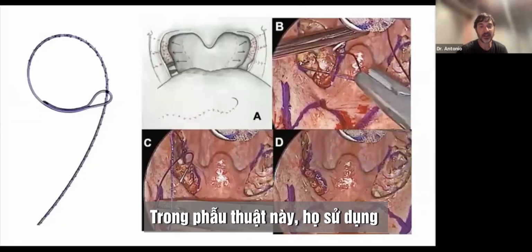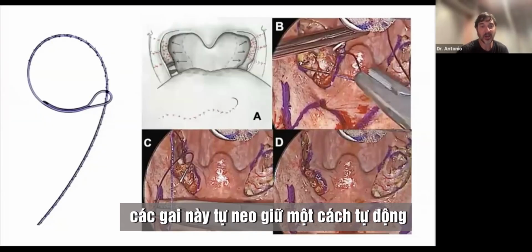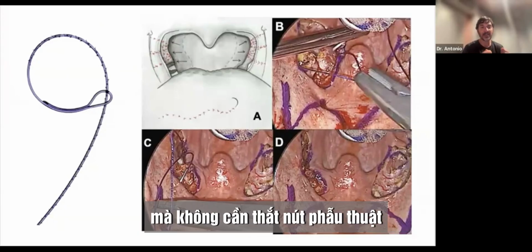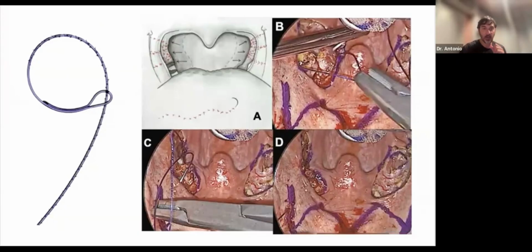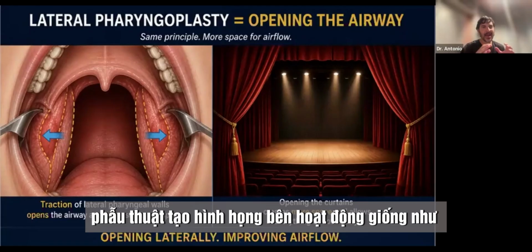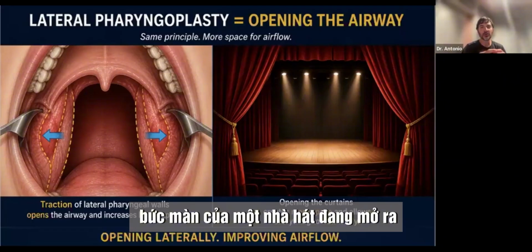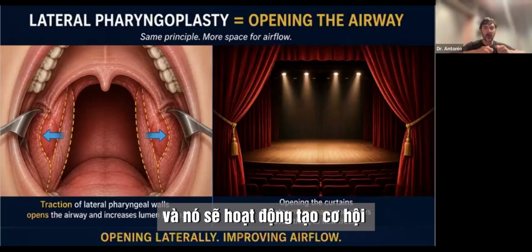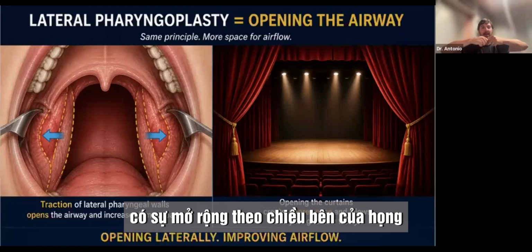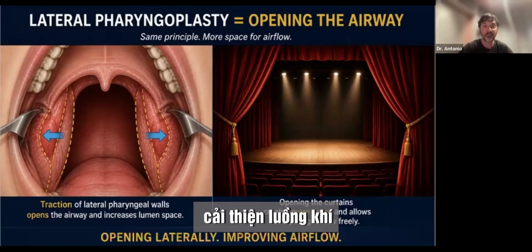In this surgery, the barbs used anchor themselves automatically, securely holding the wound edges together without the need to tie surgical knots. And as you can see here, the lateral pharyngoplasty works like the curtains of the theater that are opened, giving the opportunity of having a lateral opening of the pharynx, improving the airflow.